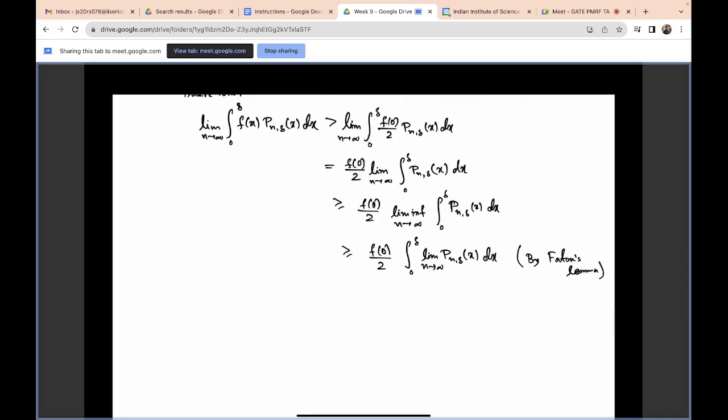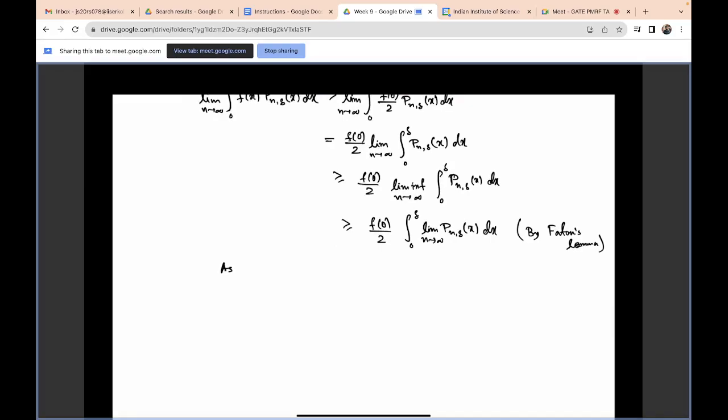Now what is the limit of P_n,delta in this region? Note as P_n,delta(x) is strictly bigger than 1 for any natural number n, so basically it looks like this one, right? 1 plus cos x minus cos delta, to the power n, and this quantity is strictly bigger than 1, right?